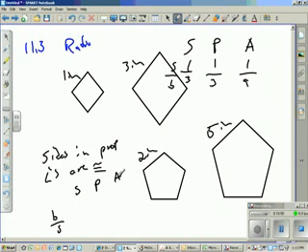Who's got the ratio of the sides? We're looking at big to small. Tara says 5/2. Kyle, the perimeter would be 5/2. Gabe, what would the area be? 25/4.